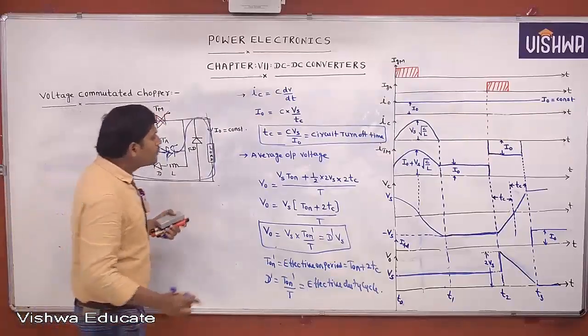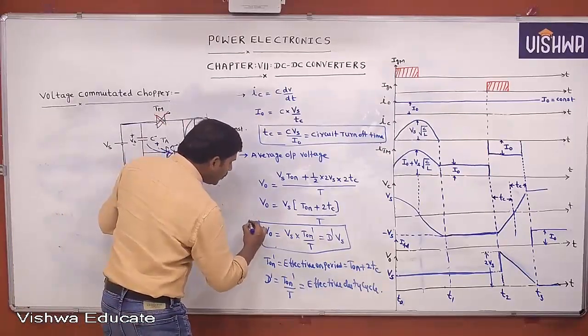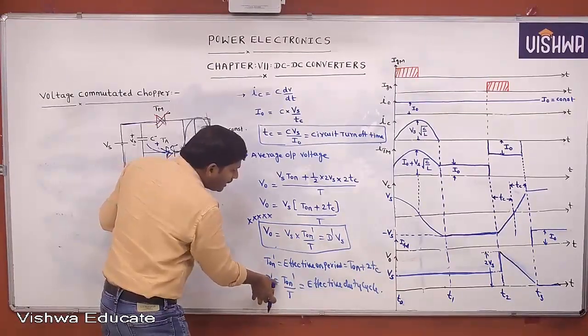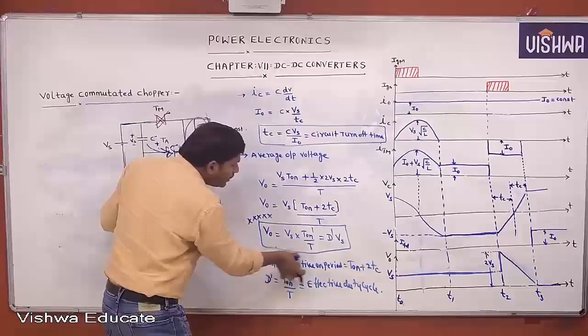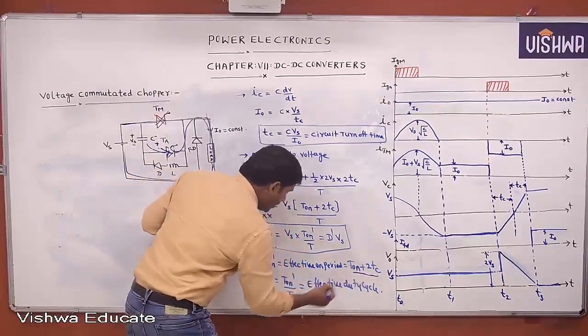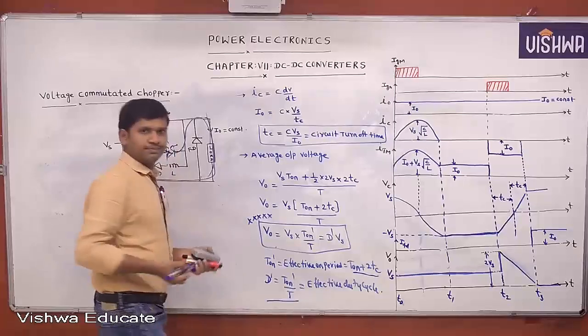This formula also gives the average output voltage: D dash into Vs, where D dash is T on dash by T, and T on dash is the effective on period, T on plus 2 Tc.